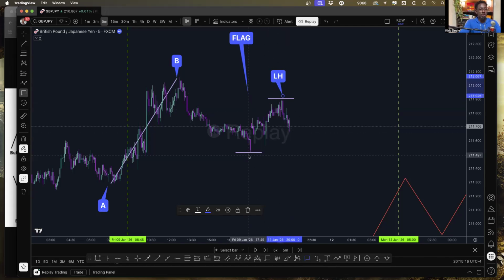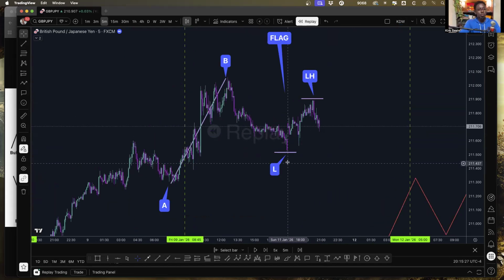If this is a lower high, that means that this was, well, this is the first one, so this will just be a low. We have a low, we have a lower high. We're going to hope that we get a lower low. All right, that's what we're looking for.